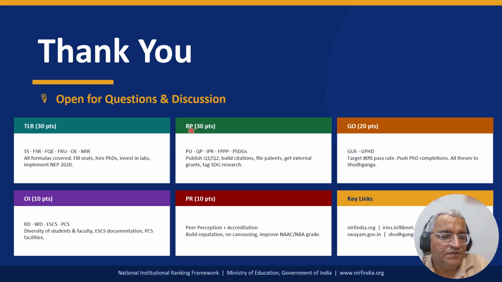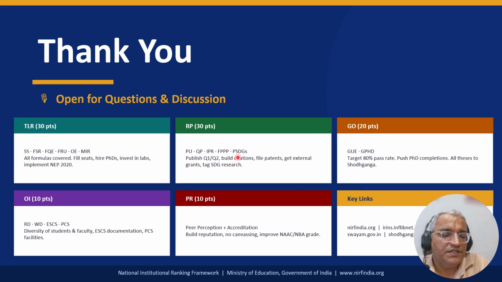Research and professional practice: PU is the quality publications by the institute. QP is the citations in the top journals. IPR is patents published and granted. FPP is the grants, consultancy, and training, meaning revenue through research grants and revenue through consultancy and trainings.